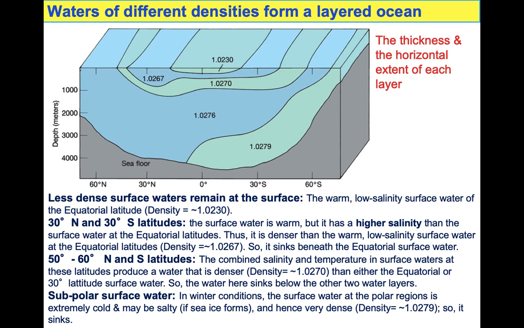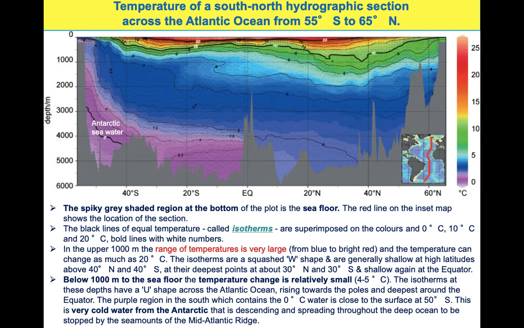So almost each ocean has a very similar layered system based on the density differences controlled by salinity and temperature changes. So let's take a look at the temperature profile of the Atlantic Ocean, and we're going to be heading from nearly 55, 60 degree south latitude across the equatorial region and towards the North Pole over 60 degree north latitude.